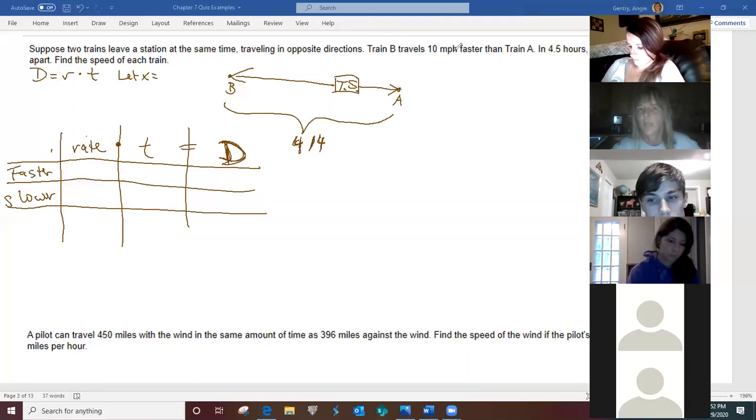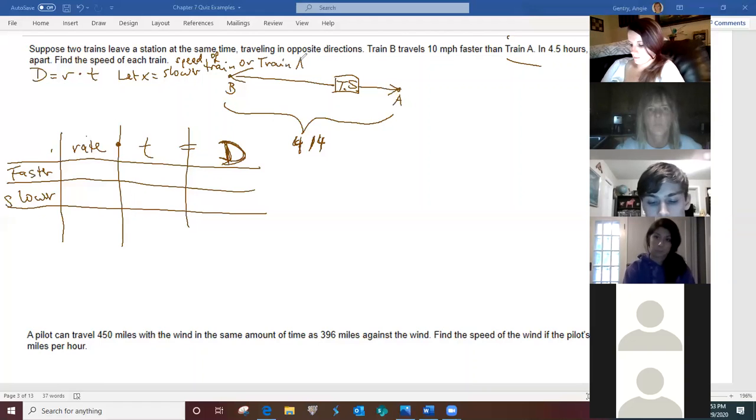Train B travels 10 miles per hour faster than train A. Let X be the speed of the slower train, because train B is based on the slower one. So train A or train B, it doesn't matter in this case.